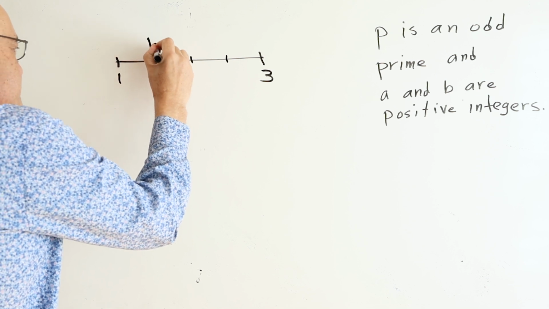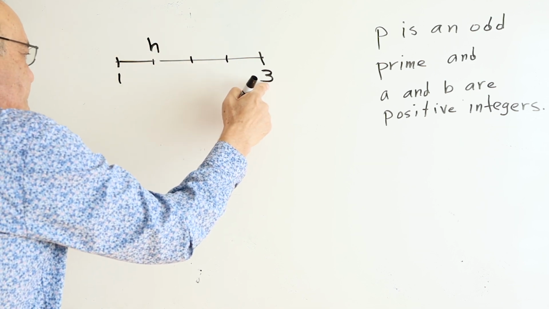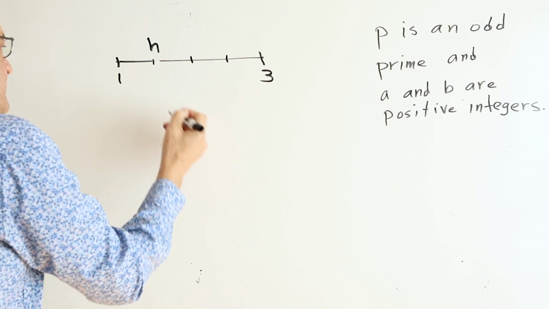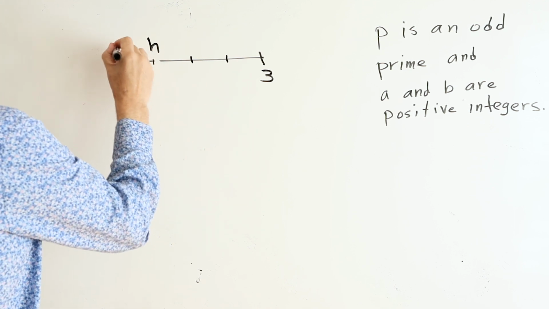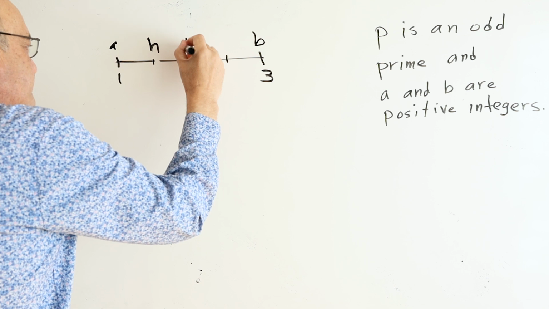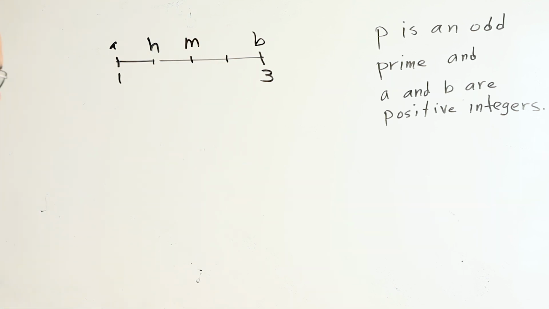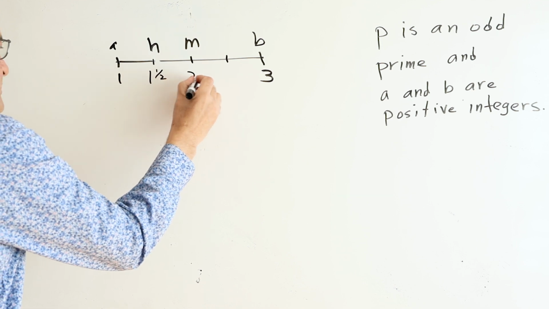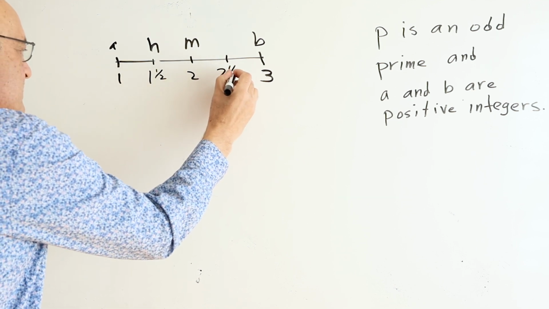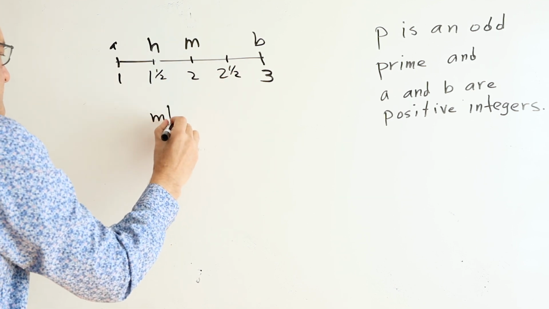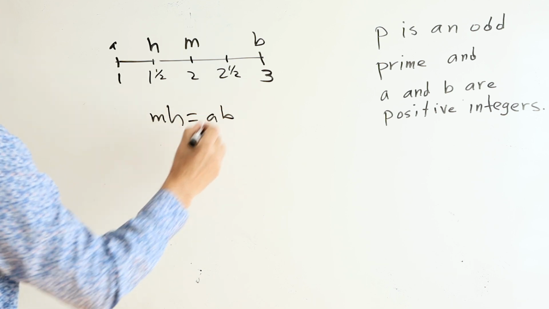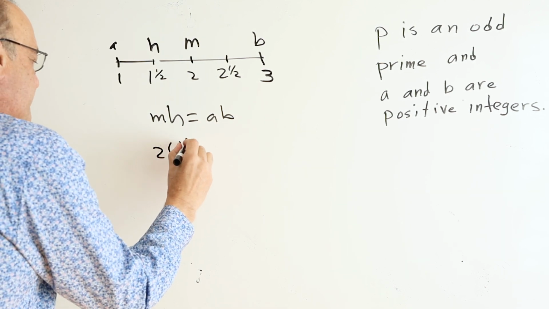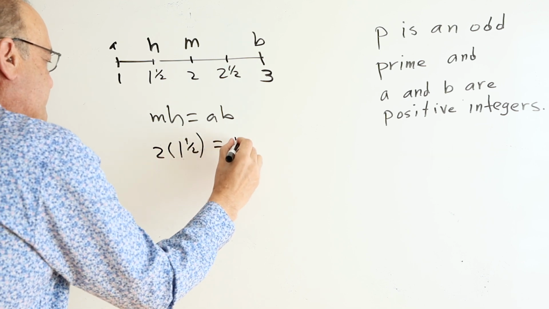That would be your H. Or equivalently, it's going to be 3 spaces to the left of 3, so it's still going to be H. So this would be your A, your B, and your M. In this case, we would have 1.5, 2, and 2.5. The claim is that M times H equals A times B. So 2 times 1.5 would be equal to 1 times 3.